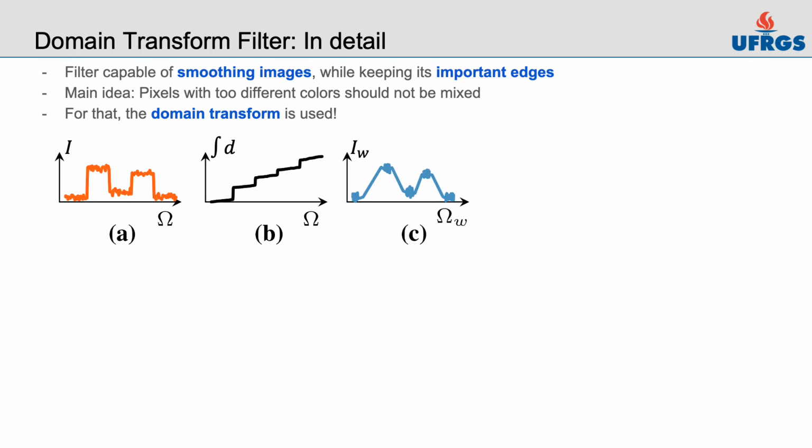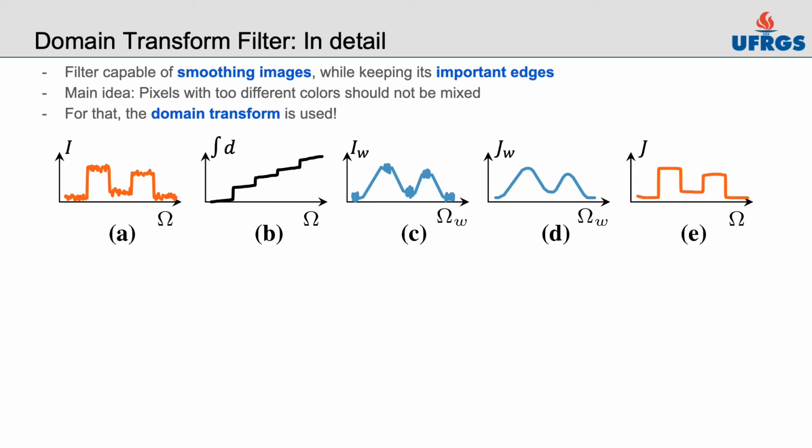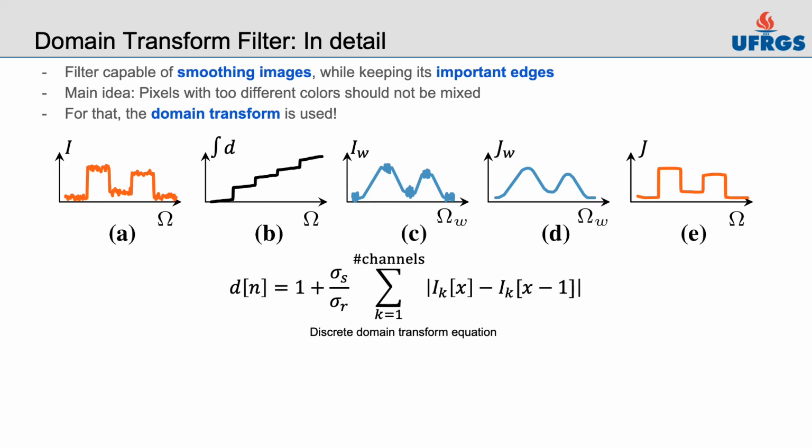The third step is to perform the domain transformation. The original signal is represented on the new domain obtained in graph B. This signal is shown in graph C. Then, we apply an efficient linear time smoothing filter to the signal, obtaining graph D. And finally, we plot the just obtained signal in its original domain, which is shown in graph E. By comparing graph E with graph A, you can see that the noise was removed, but the important edges were kept.